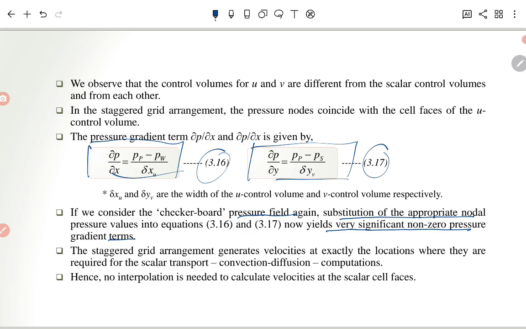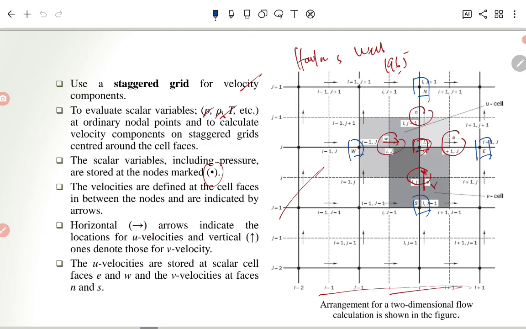Since we do not need interpolation to calculate the velocity at the scalar surface, this is the important thing, why we use the staggered grid to calculate the pressure and velocity terms for the momentum equation, from the previous equations 11, 12 and 13.